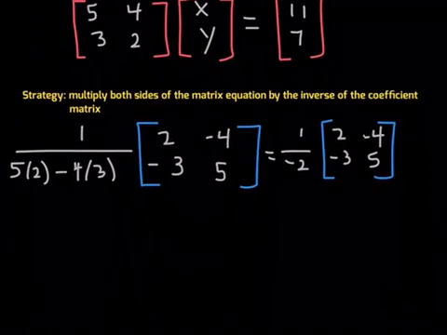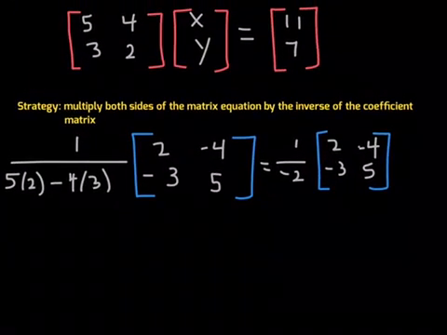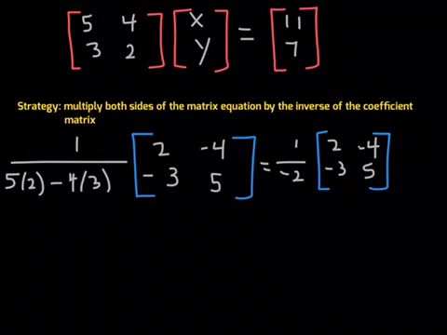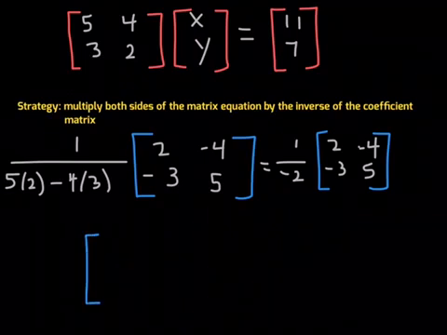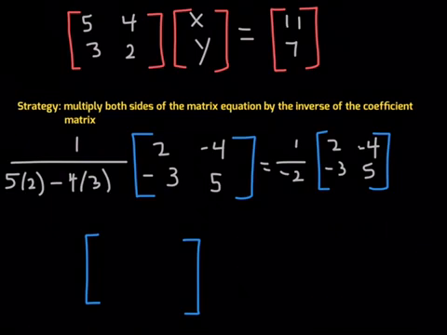So you can see that your inverse matrix now, remember this is scalar multiplication, distribute this -1/2 into this entire matrix. What you're going to have for the inverse is: negative 1/2 times 2 is negative 1.